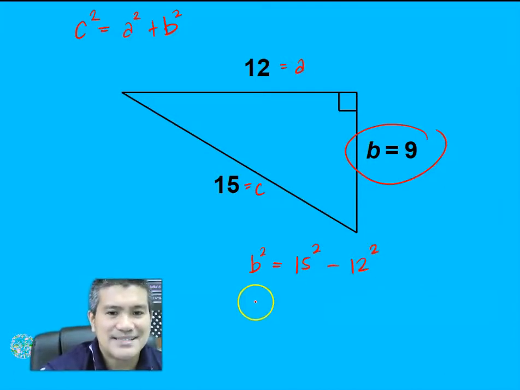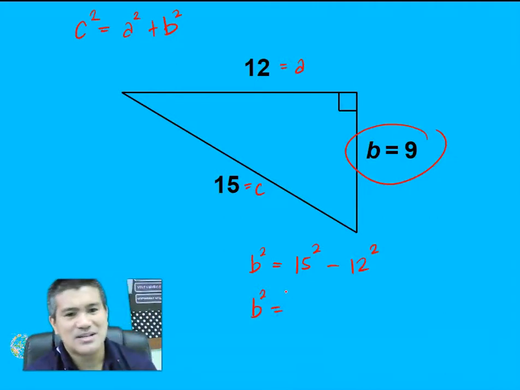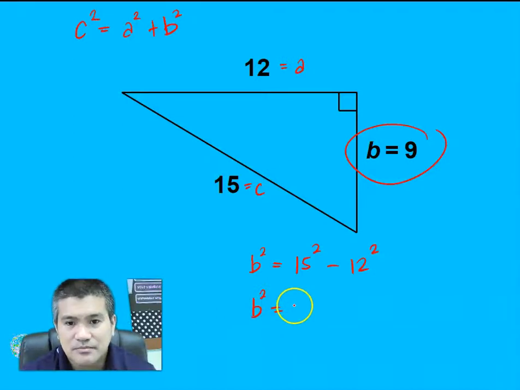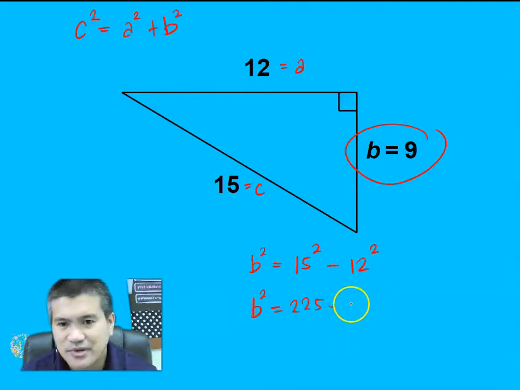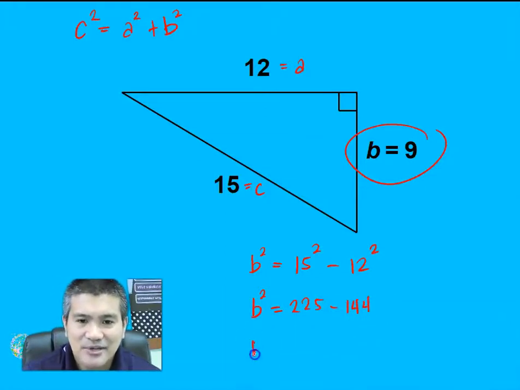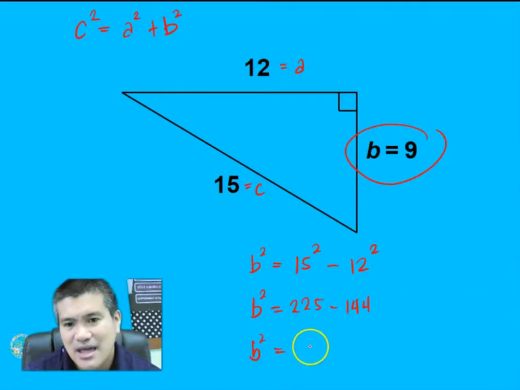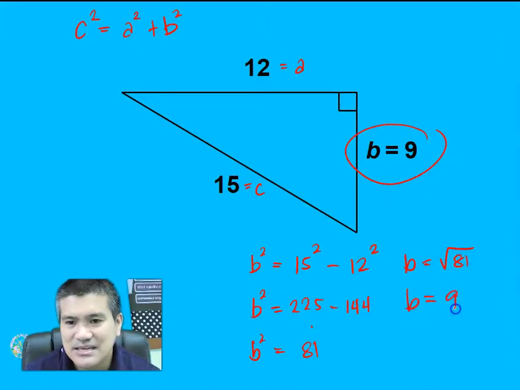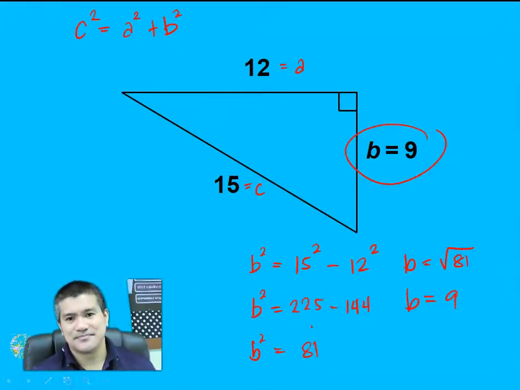So b squared is equal to, how much is 15 times 15? 15 times 15, we get 225, minus 12 squared, which is 12 times 12, we get 144. So therefore, b squared is equal to 81. So b equals the square root of 81, which gives us b equal to 9.